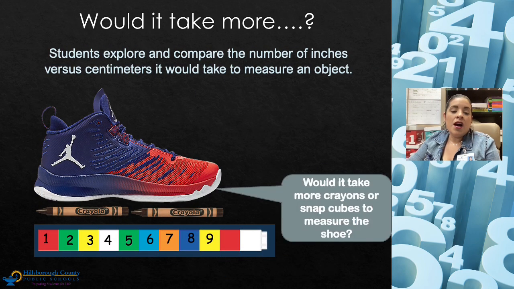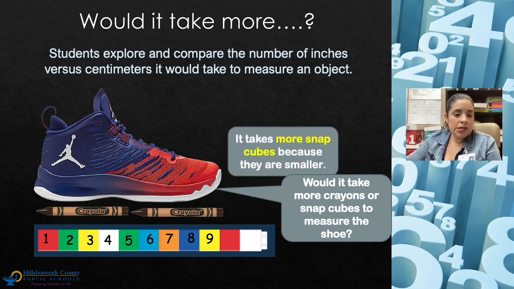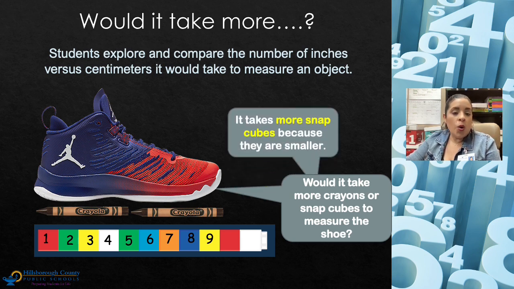Also, because students can now measure, we want to relate the "would it take more" question to actual measurements. So they related snap cubes and crayons as indirect measurements and could tell that there are more snap cubes because they are smaller, or fewer crayons to measure the shoe because they are larger.